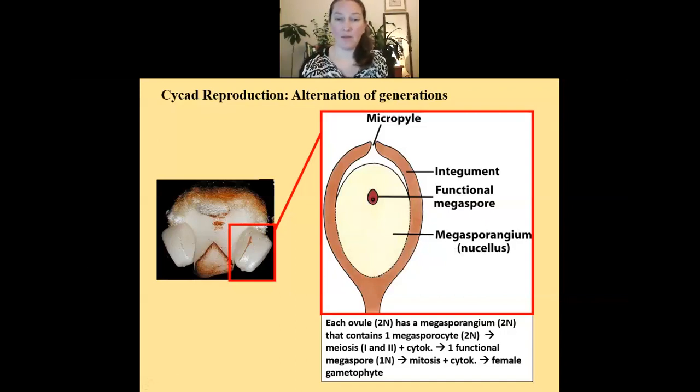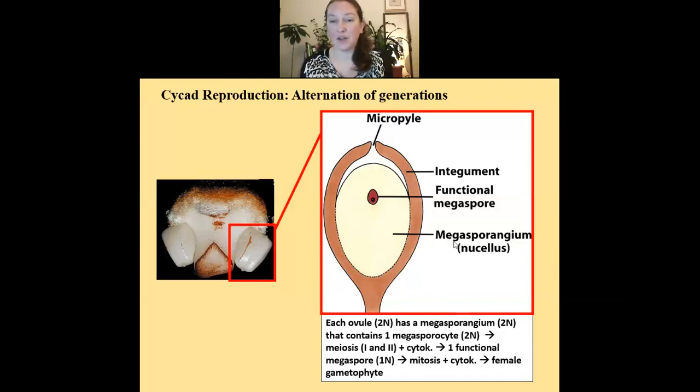And in there you have the megaspore mother cell, which is here. And that megaspore mother cell is going to undergo meiosis and cytokinesis to produce the functional megaspore. See, I'm getting carried away. I just want to draw and I'm not even looking at my slide.